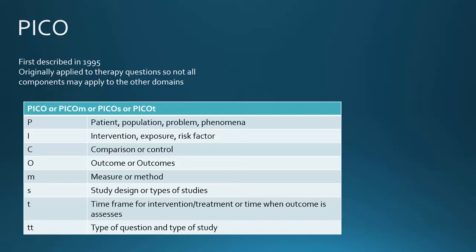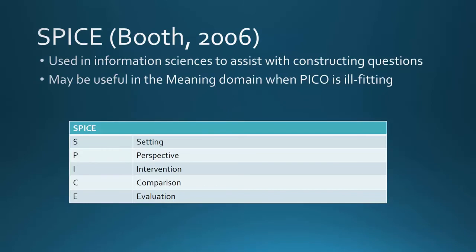Or type of question and type of study there. So that's PICO. Okay, SPICE is a little bit different. SPICE is used in information sciences. I don't know how many people here are dealing with a review about health records or any kind of technology, but SPICE is a framework used in information sciences to help with building questions, and it's usually setting, perspective, intervention, comparison, evaluation.